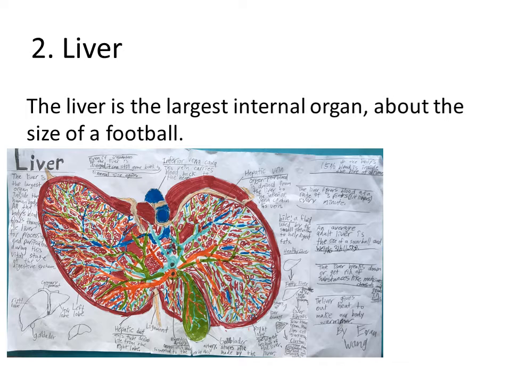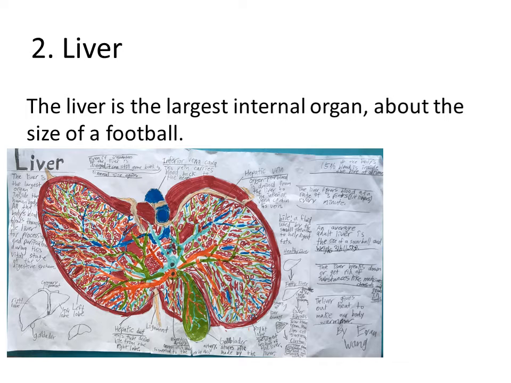As you can see here, these red arteries are supplying oxygen-rich blood to the liver, and then it keeps repeating. And you can see the little red circle with the dot, that's where it's supplied.